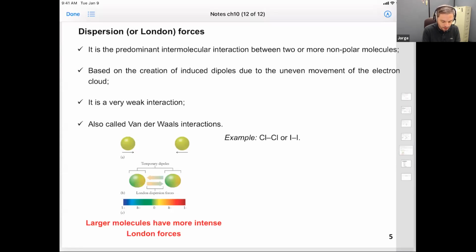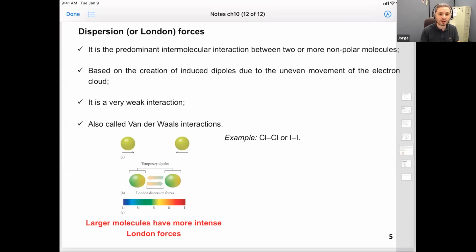Okay, so let's do here a quick recap. We started with the strongest interactions, in the case when you have two well-defined charges, a positive and a negative, and then we moved down the scale when molecules did not have a charge by itself, but something very close to that.